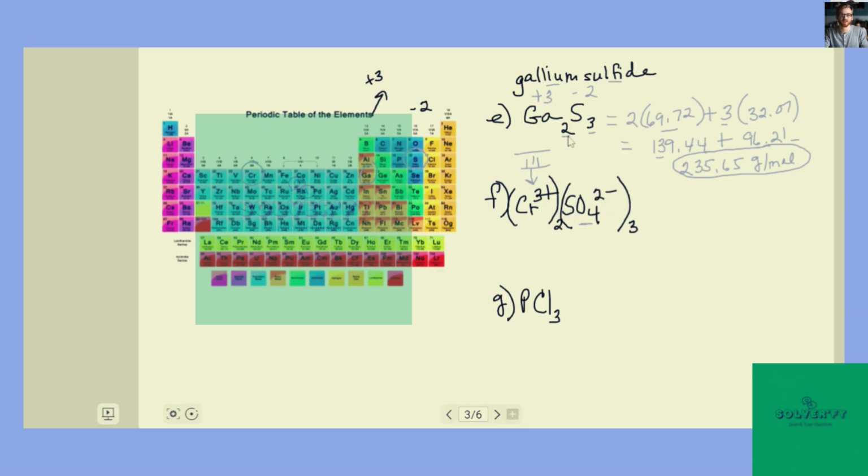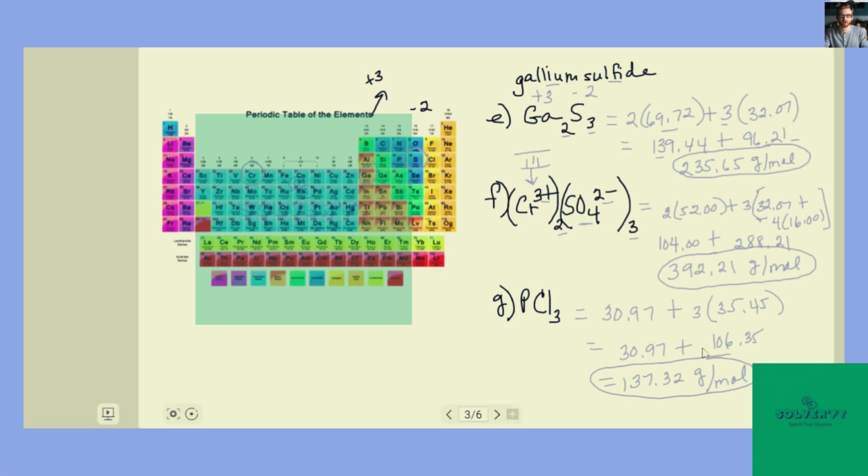So it's going to look just like the formula above. We have a +3 metal, a -2 overall anion here, and it's going to require 2 chromiums and 3 sulfate ions to have a charge balance overall for chromium 3 sulfate. And so we're going to plug in here the individual molar masses for each of these atoms and crunch some numbers as we did in the previous example.